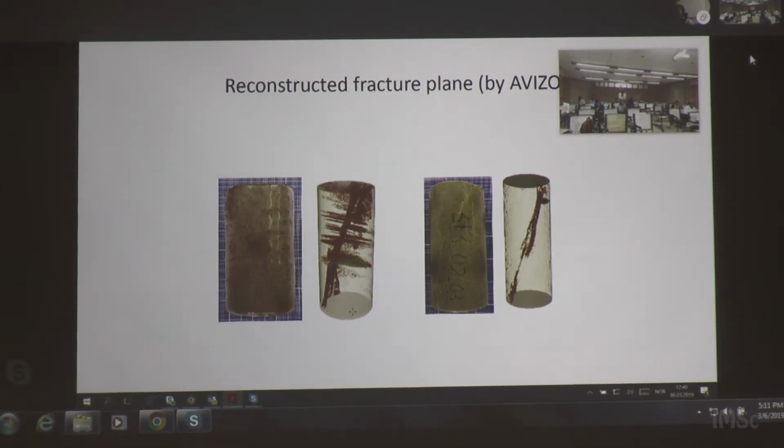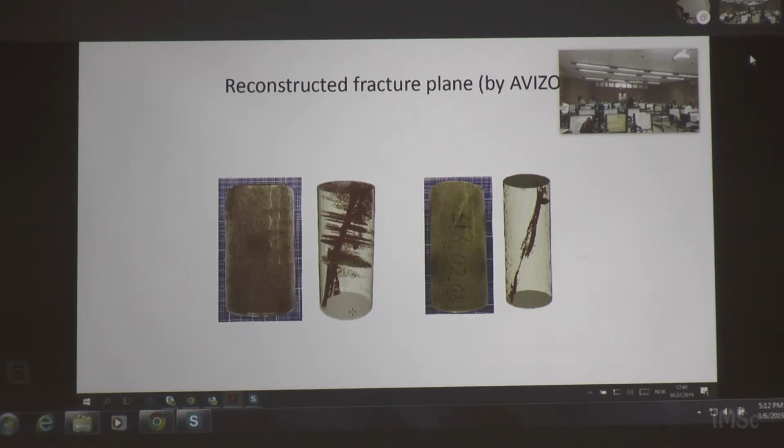We used another commercial software called Avizo for this image analysis. It gives us better insight into the sample. Here I have given 2 examples. One is a red sandstone called Mount Simon sandstone, and from the image we have reconstructed the fracture network inside the sample.